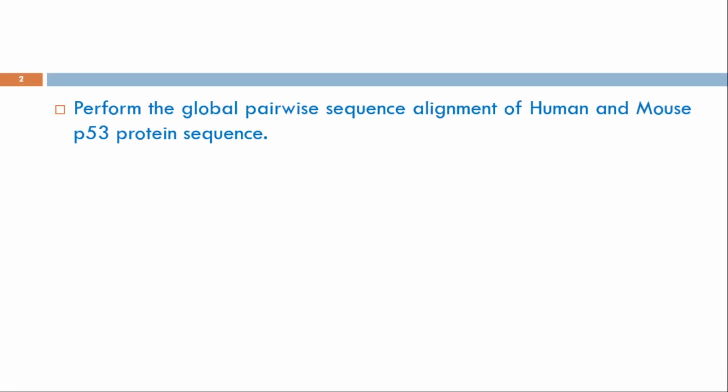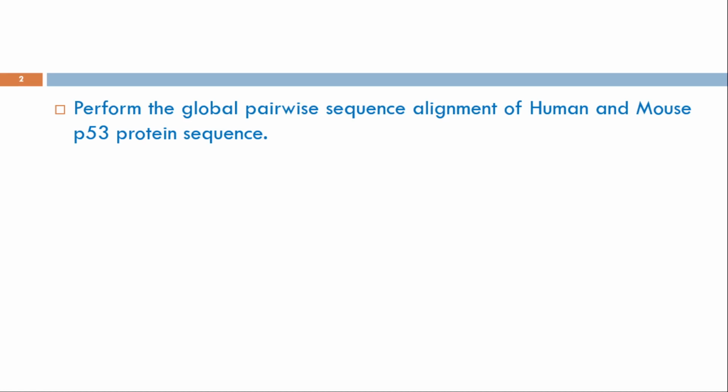So here, for example, I have an objective: I want to perform the global pairwise alignment between the P53 protein sequence of human and mouse. Before we proceed to the practical, let me clarify that whenever you have two sequences that are almost the same, if you use pairwise sequence alignment, you can get some fruitful conclusions.